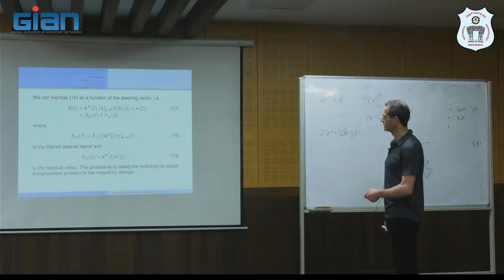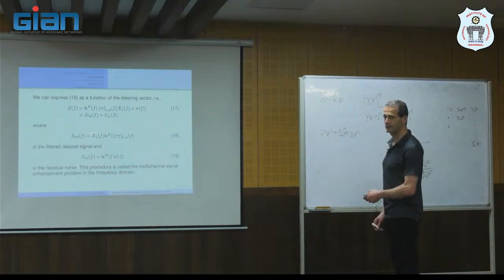The filtered desired signal is x1f multiplied with h conjugate transpose times the steering vector, or the coherence function between x and x1, complex conjugate. Why did I move x1 to here?